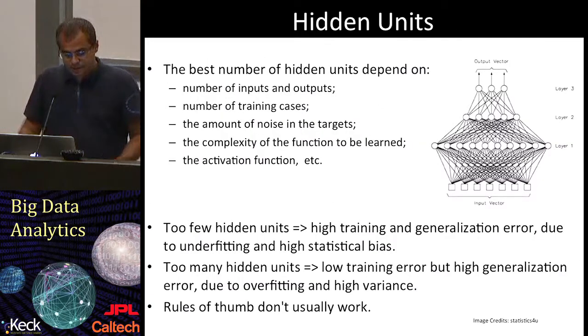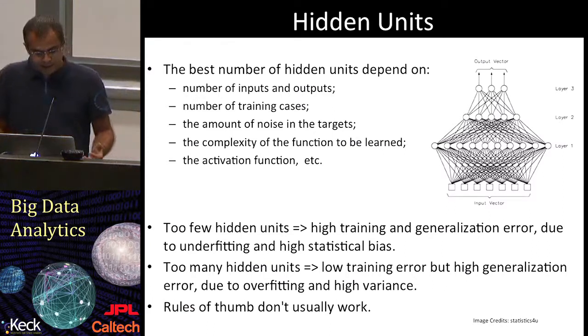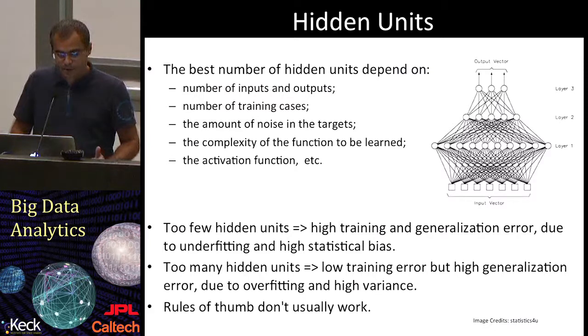We have said that the network has one input layer, one output layer, and zero or more hidden layers. Actually, choosing the number of hidden layers and of hidden units is crucial. And unfortunately, there is no magic formula that we can use. This number depends on the number of inputs and outputs, the number of training cases, the amount of noise in the targets, the complexity of the function to be learned, the activation function, and so on.